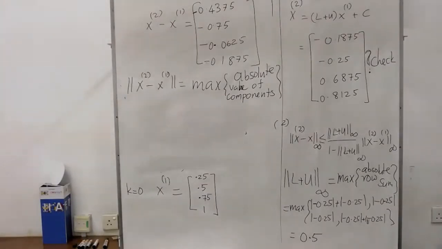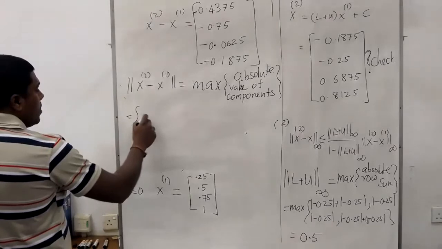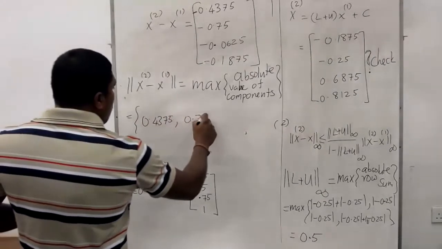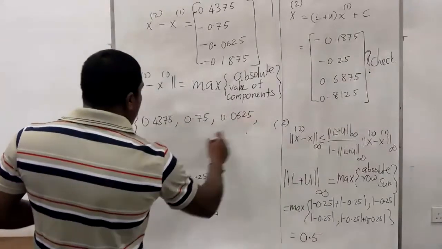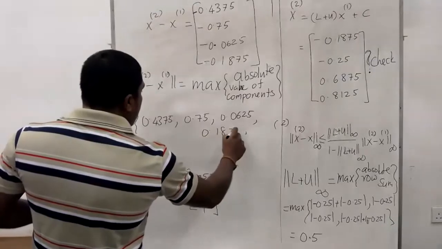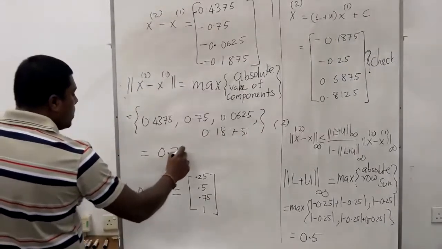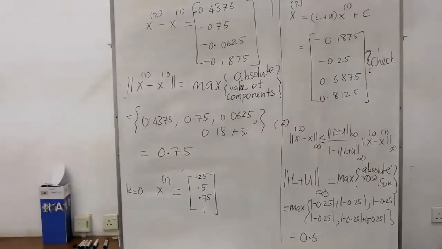So you can take the absolute value and take the maximum. That is obvious here: 0.4375, 0.75, 0.0625, and 0.1875. So in this case, clearly it is 0.75. That should be the maximum among these numbers.